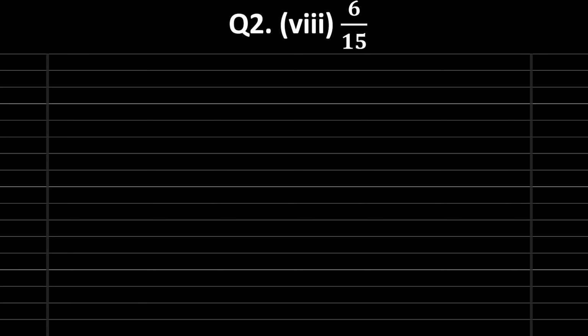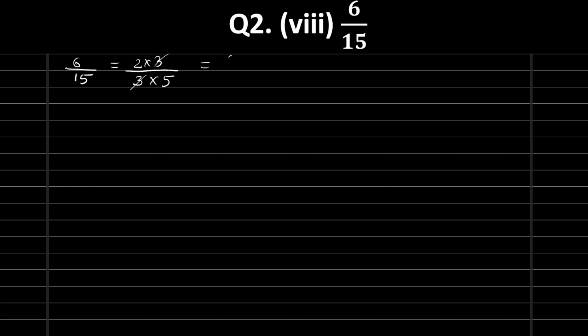Now, this is the 8th subpart of question number 2. 6 upon 15. Very simple. Here, we can write down 6 as 2 into 3 and 15 as 3 into 5. Now, we can see 3 is the common factor in the numerator as well as denominator. So, we can cancel it out, right?